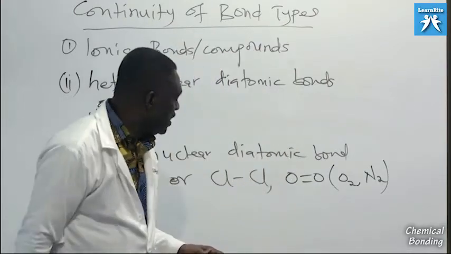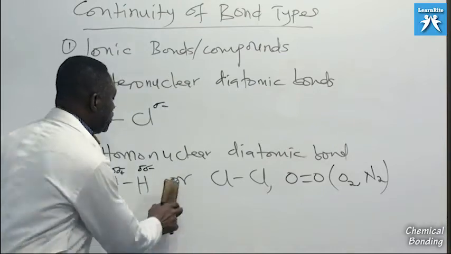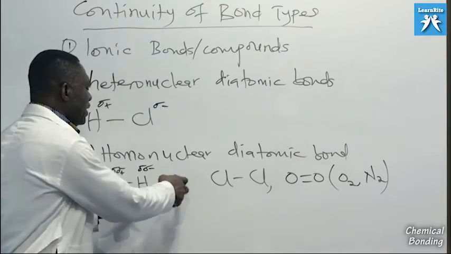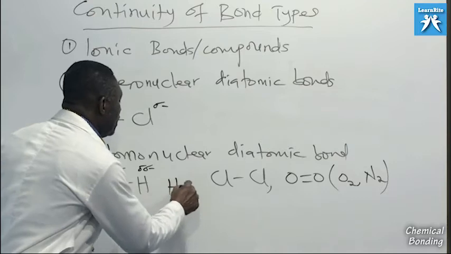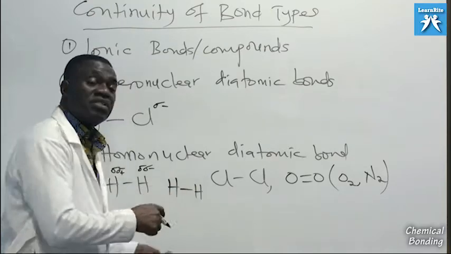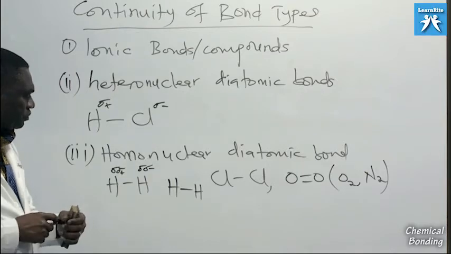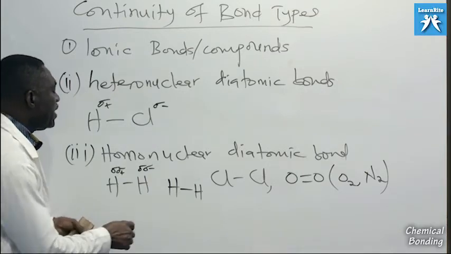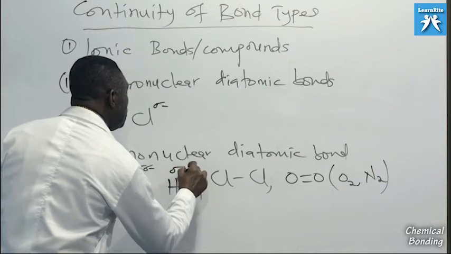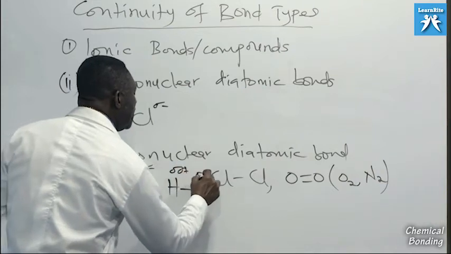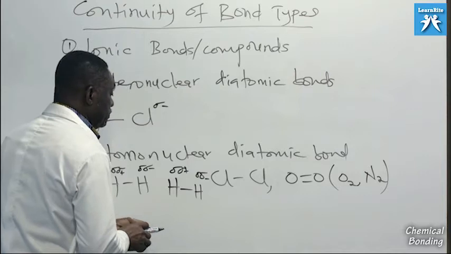And at that instant, if there is a similar molecule to this one here, that molecule can also be influenced, or induced, to become polar in that same manner. It will also become partially positively charged on one side and partially negatively charged on the other.